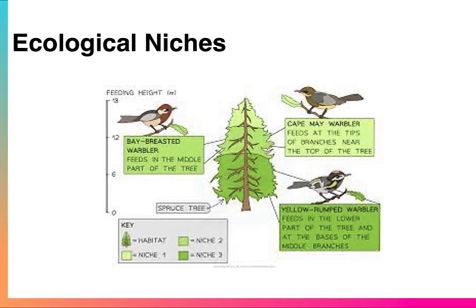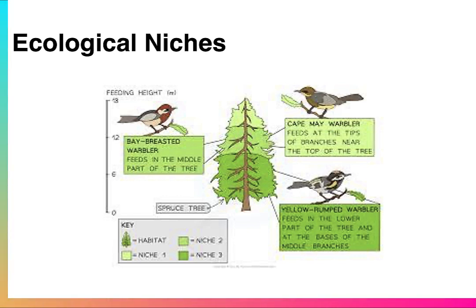Now it's interesting in the particular biome where spruce trees live that there are actually 3 types of warblers. The bay-breasted warbler, the Cape May warbler, and the yellow-rumped warbler. And each of these have a different place in the spruce tree or niche in the spruce tree where they live. And so the spruce tree is their habitat.